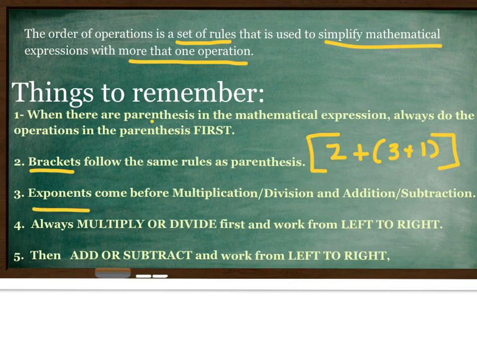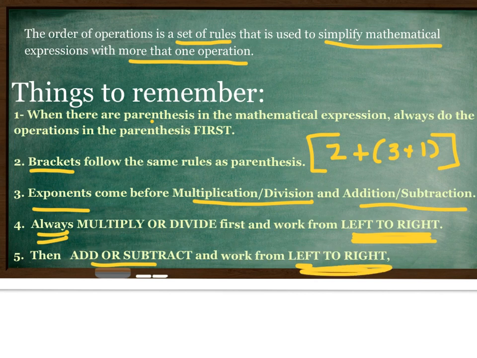Exponents come before multiplication and division and addition, subtraction. You always multiply or divide first and work from left to right. That's really important. And the last thing is then you add or subtract and always work from left to right.